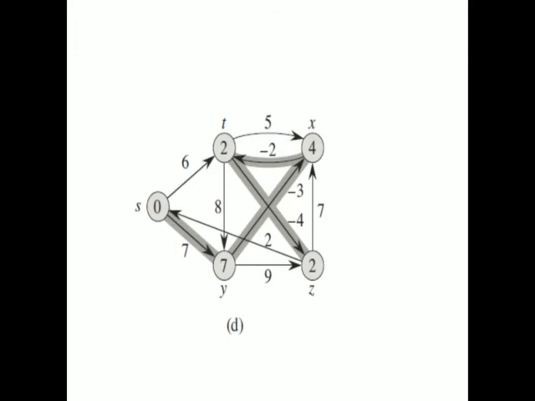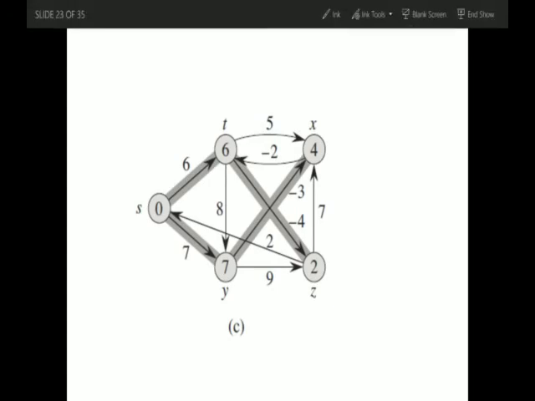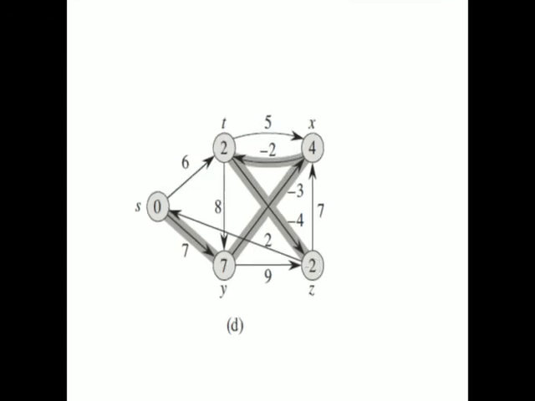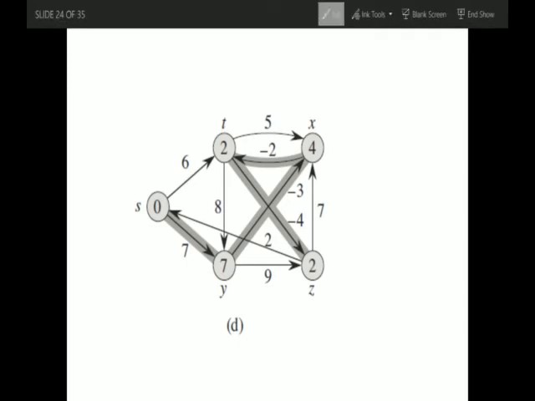Now this is updated. In the next iteration, only this line will be updated, because 2 minus 4, the z will be minus 2. Initially there was 6, so that's why the z value was 2. Now t is 2, so 2 minus 4 will be minus 2.